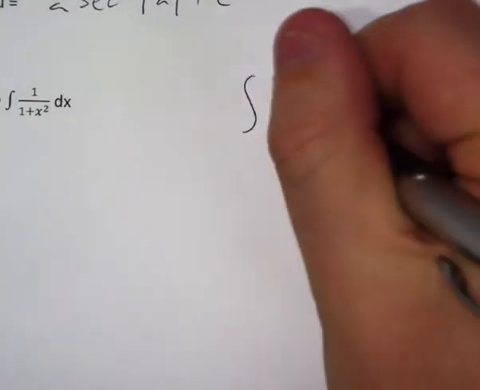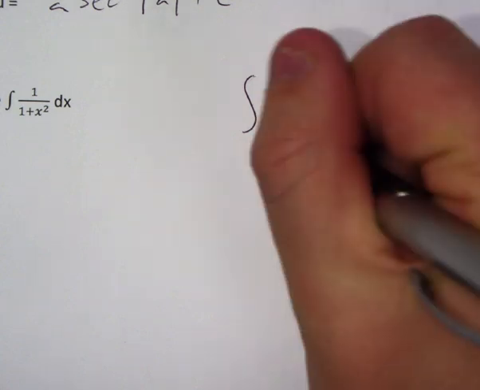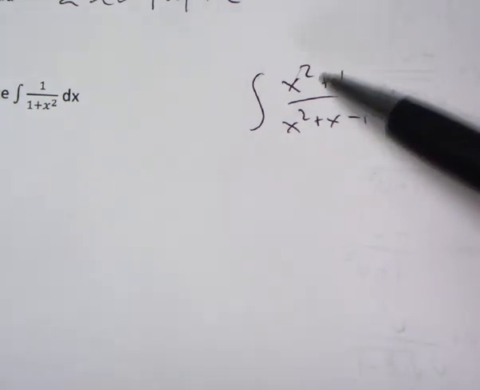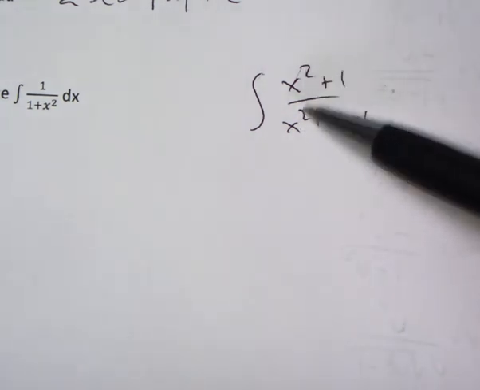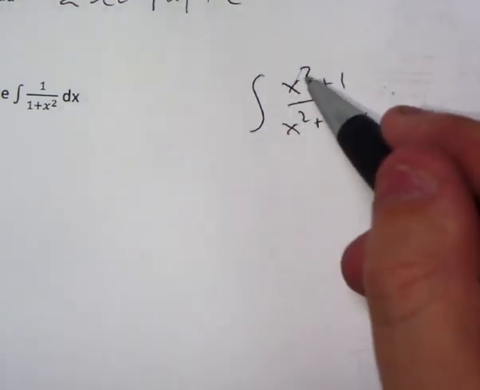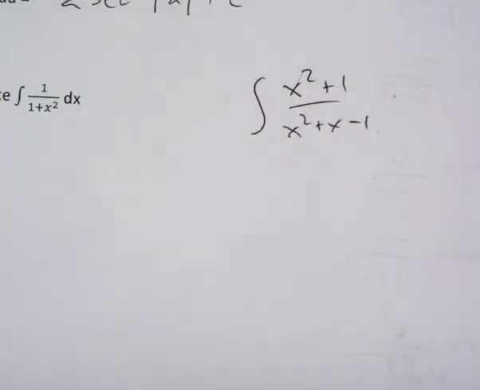You choose to write it if you want to or not. We've learned how if I gave you something with the same degree, right here, if you have the same degree on top and bottom, or if the top is bigger, then we do long division to get it into a different integral that we can then integrate. So if the top is bigger or same degree, division.